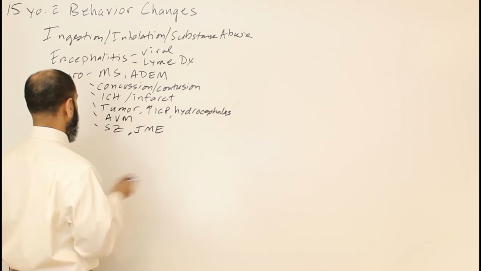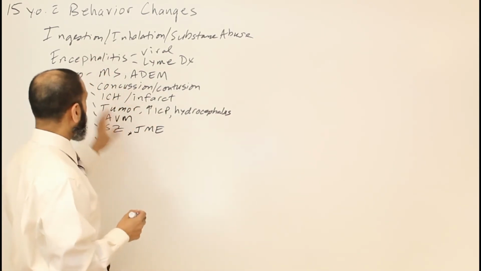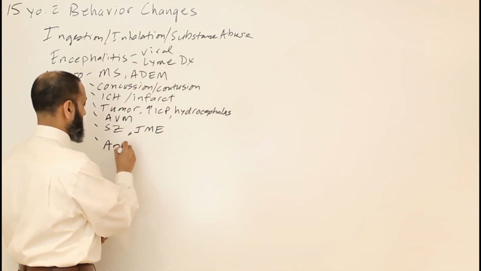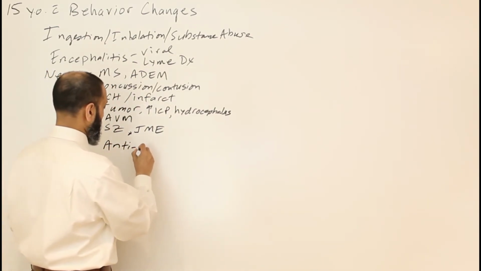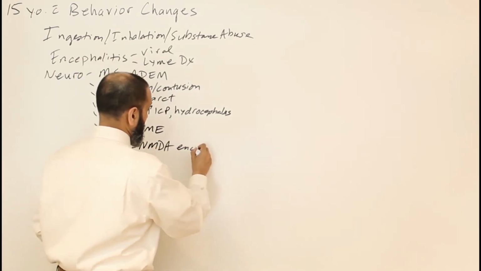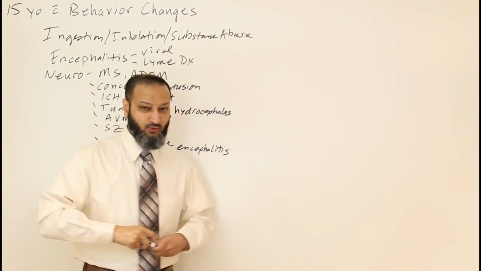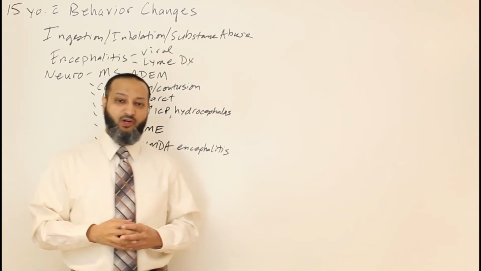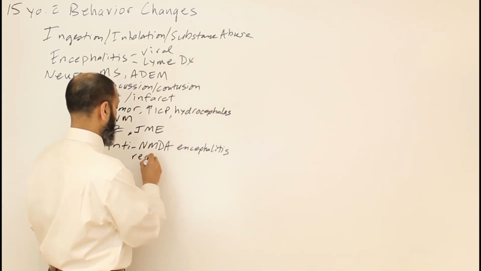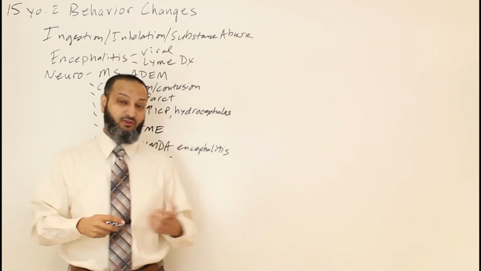And then one other entity on the differential, kind of an encephalitis type of process or a neural process, is called anti-NMDA receptor encephalitis. So that's another entity that is considered autoimmune or post-infectious, causes an encephalitis picture, and actually can present with a lot of different seizures and very difficult to control seizures.